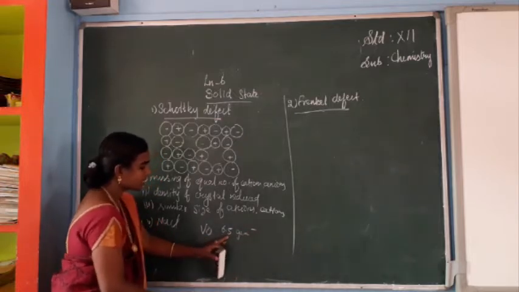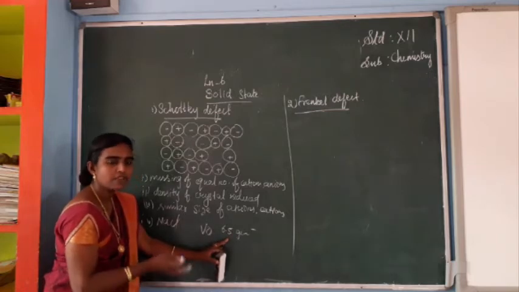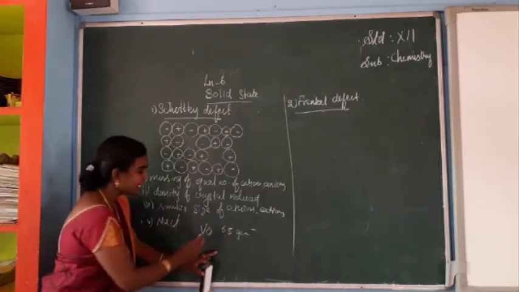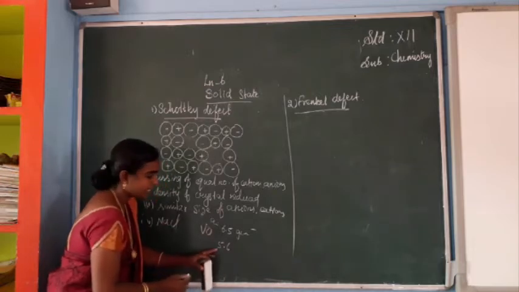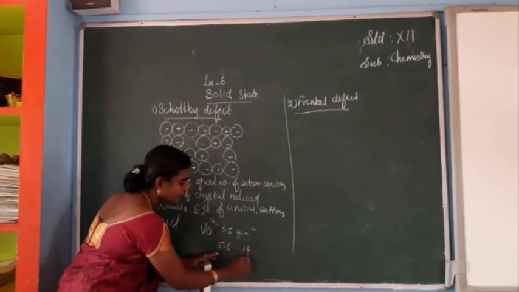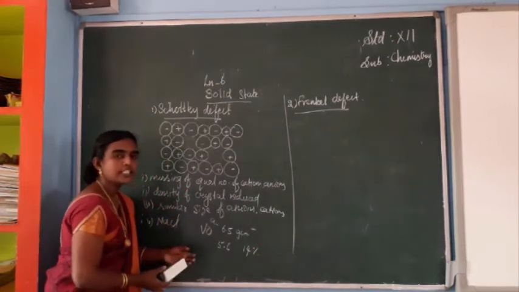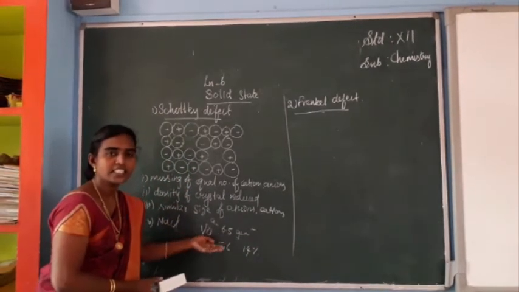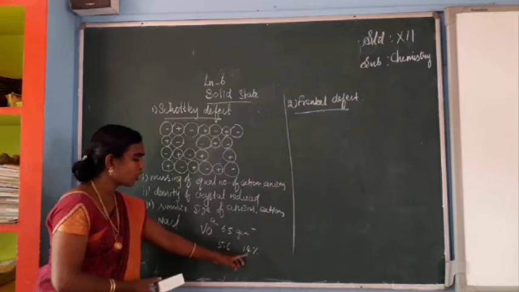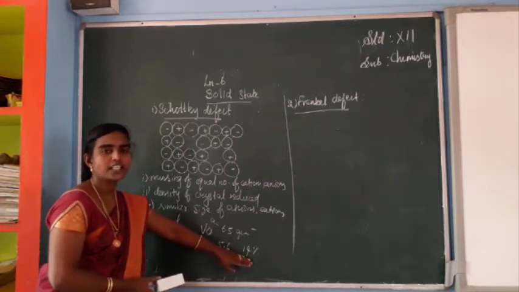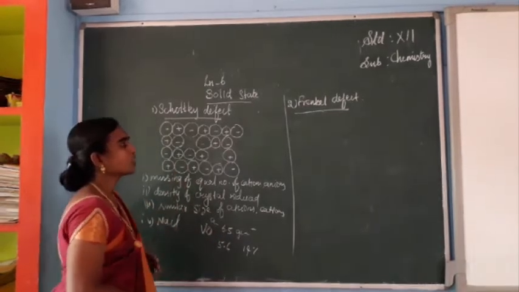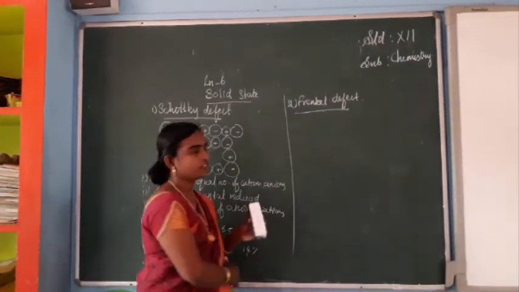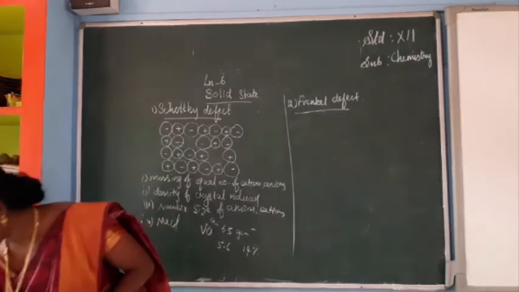But experimentally, when you see vanadium oxide, the edge length value is 5.6. Isn't it? The difference is 14%. Why is there this edge length difference? Because of Schottky defect. So the Schottky defect percentage is 14% in vanadium oxide. So here we can see Frenkel defect, example AgBr.